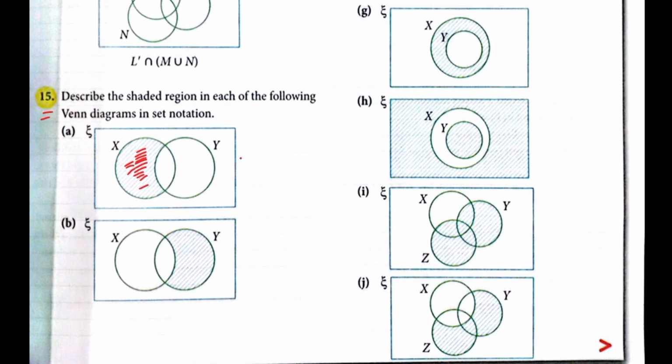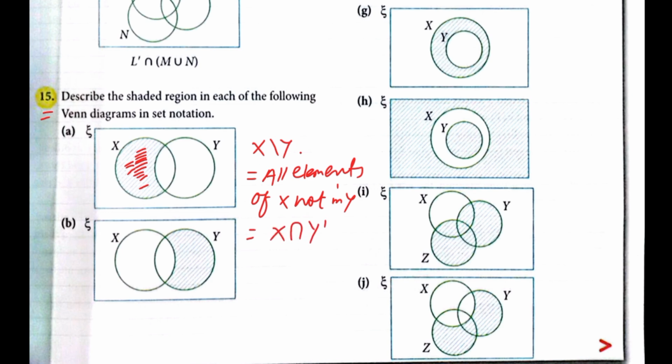So actually it represents X difference Y, that consists of all elements of set X, all elements of X not in Y. That is the definition of X difference Y. And further you can write it as X intersection Y complement. X difference Y is X intersection Y complement here.